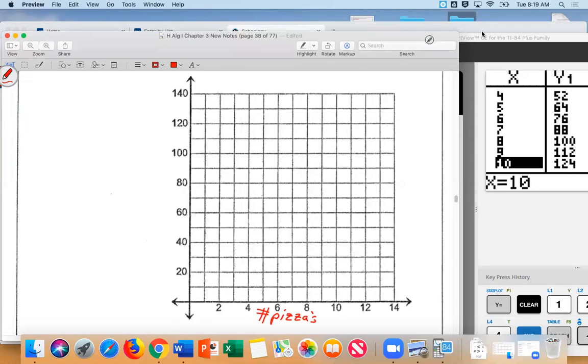Or the pound sign. What goes along the y-axis? Cost. And that's in dollars. And what do I do? How do I create it? I just do what? You guys have the benefit because you can see it on one side of the page, right? What am I plotting here?